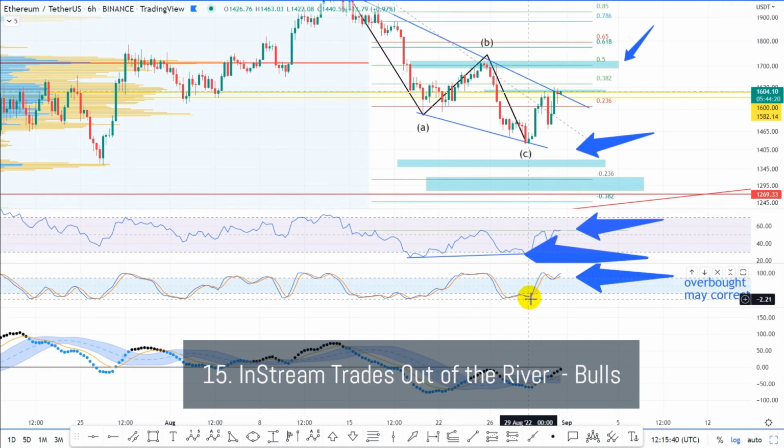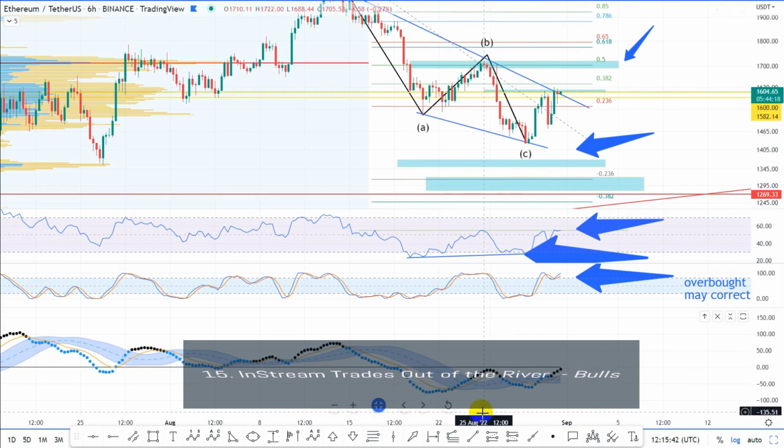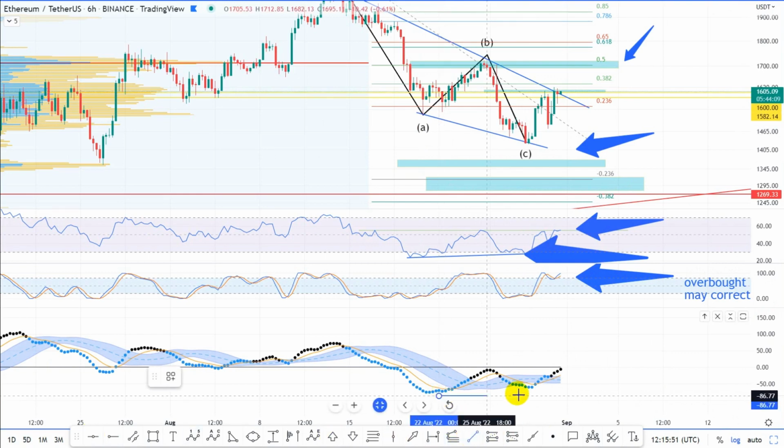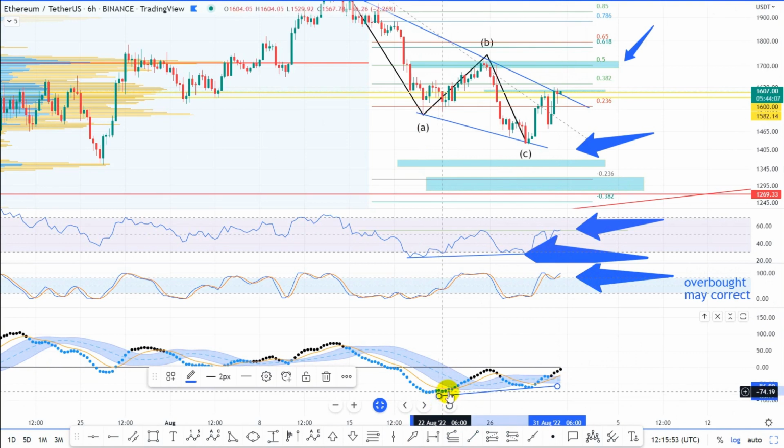And also notice there is a divergence here on the in-stream trades indicator. Let me show you the divergence. There it goes. You can see the lower low and the higher low, the same thing like we had on the RSI. So this one goes for the bulls.